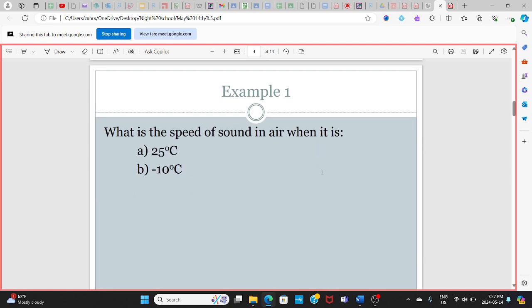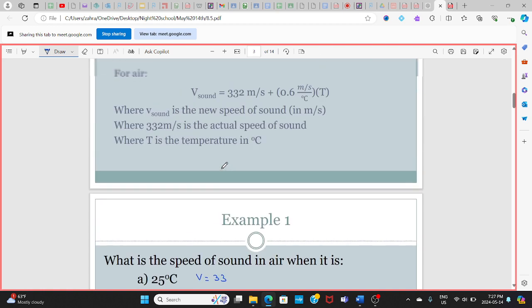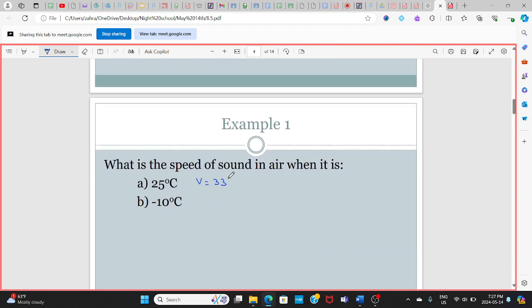Now here's an example. What's the speed of sound in air when the temperature is 25? Simply, the velocity is 332 plus 0.6 multiplied by the temperature in Celsius. You do that, you get the answer.